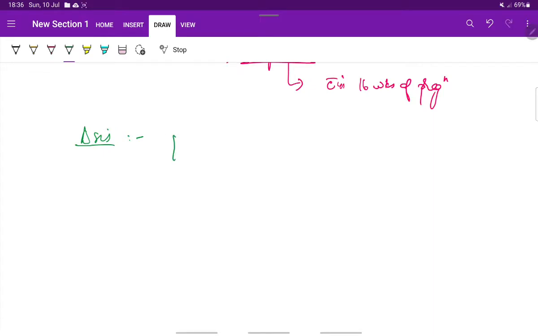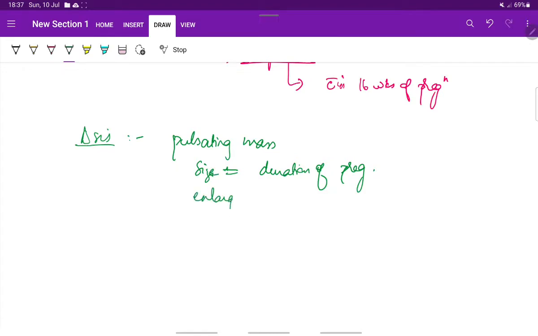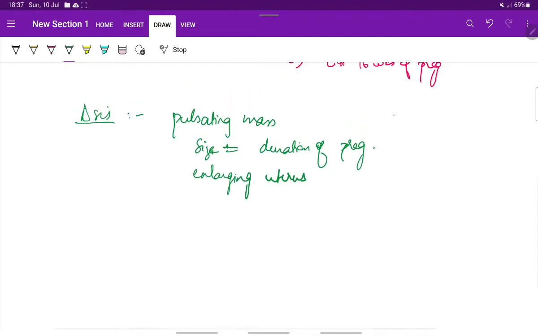The points favoring diagnosis are presence of a pulsating mass which corresponds to the duration of pregnancy, which is seen in the enlarging uterus. In these cases there will be suspicion of pregnancy in the rudimentary horn of the uterus.